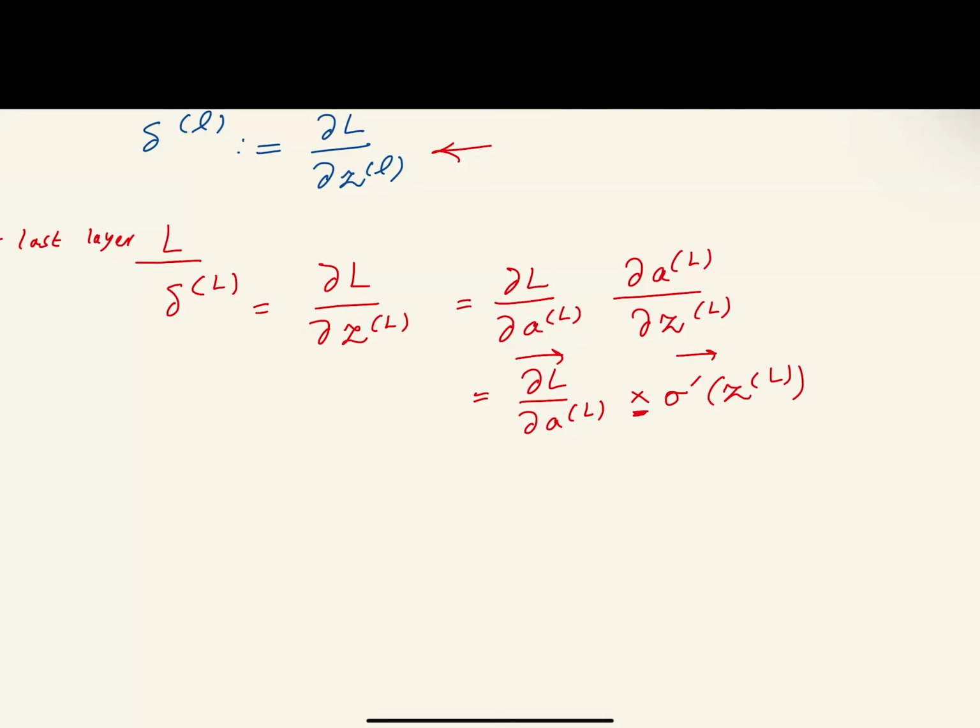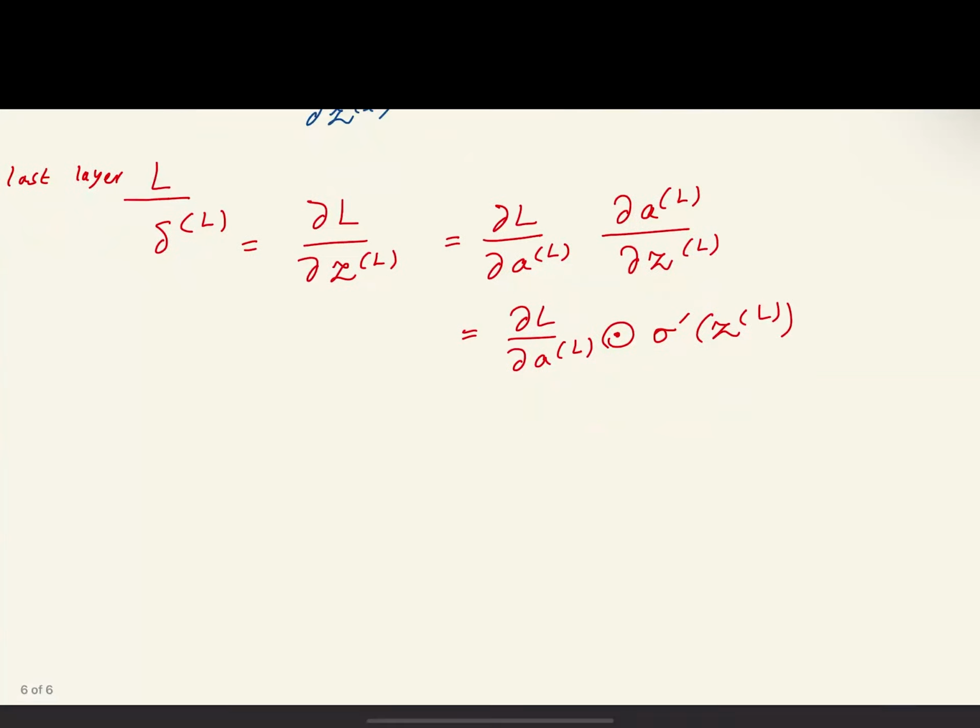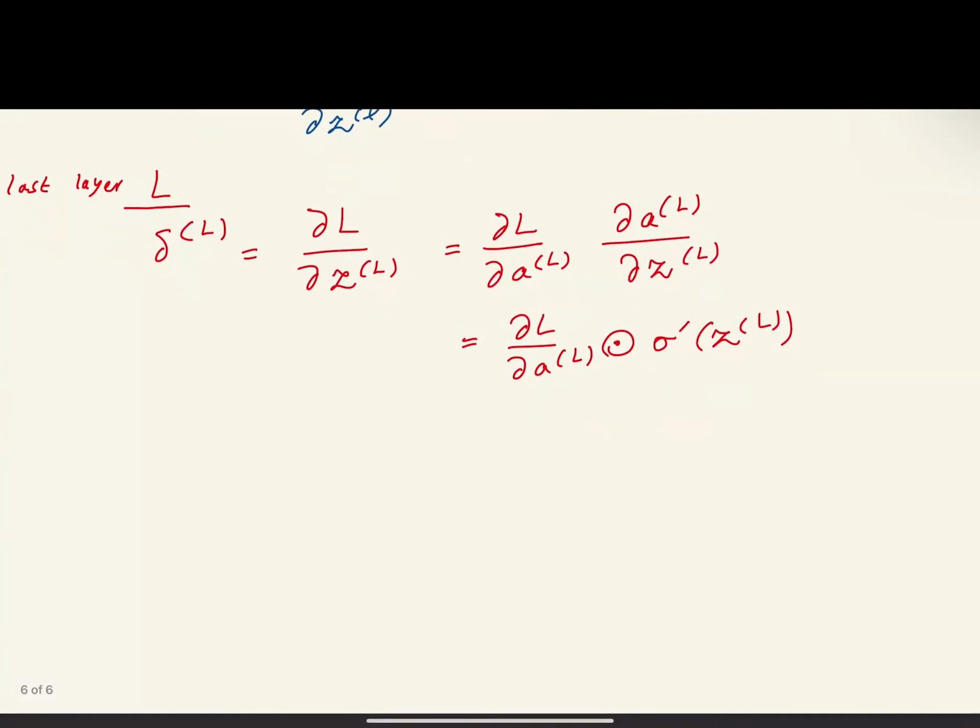I'm going to write this element-wise multiplication using this notation, which is known as Hadamard multiplication. We simplify, because we know everything is vectors and matrices, so let's drop the arrows.